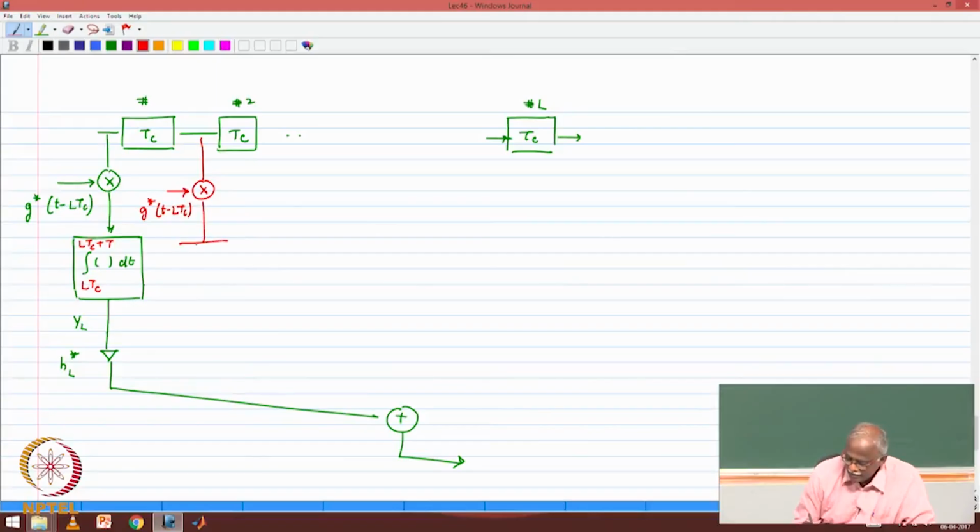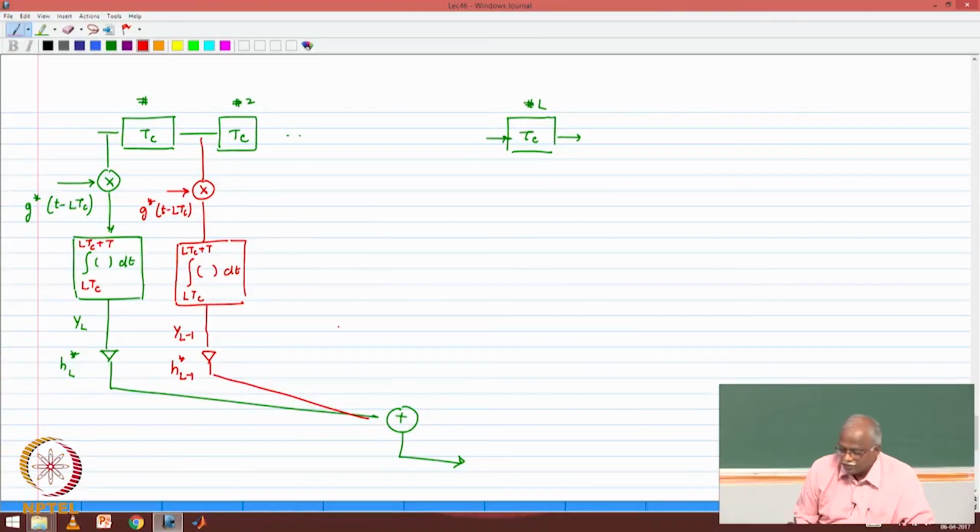The integrator is also exactly the same, same limits of integration, integral LTc to LTc plus T, whatever is the product dt. I will call this YL minus 1, and the multiplier will be H of L minus 1 star, and this also gets added.